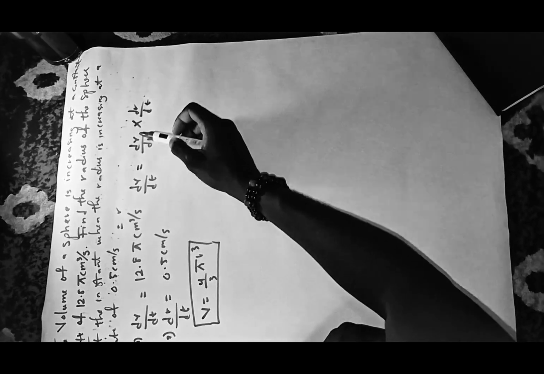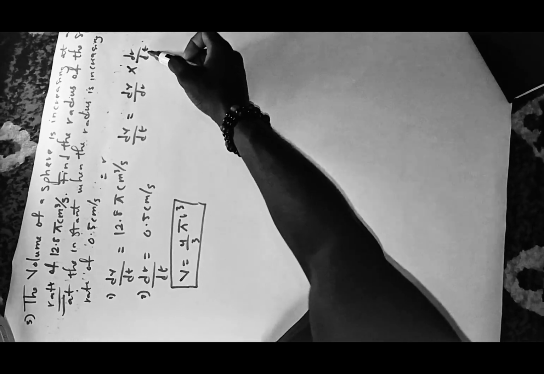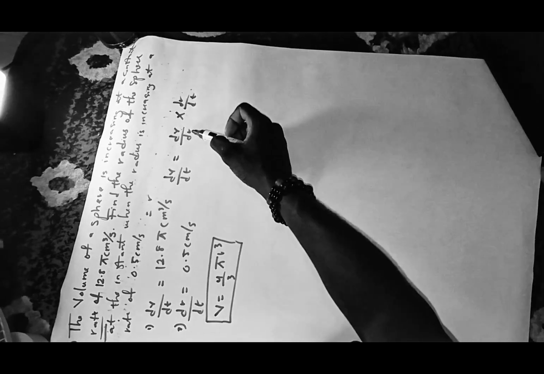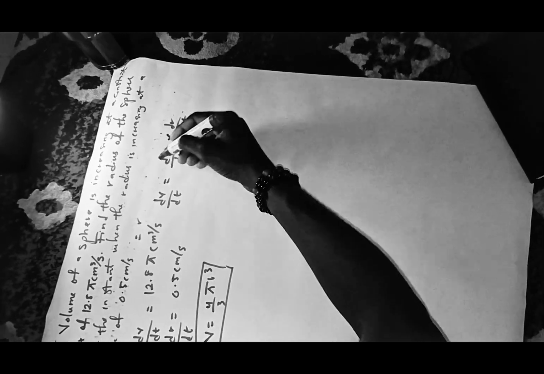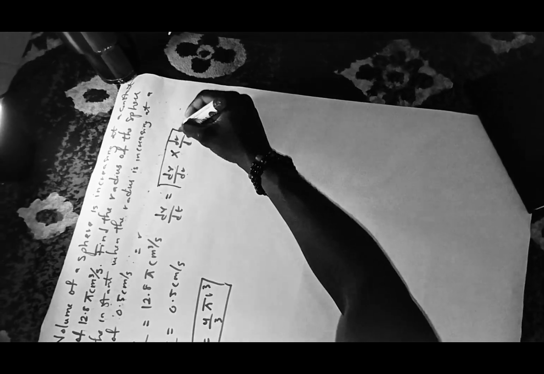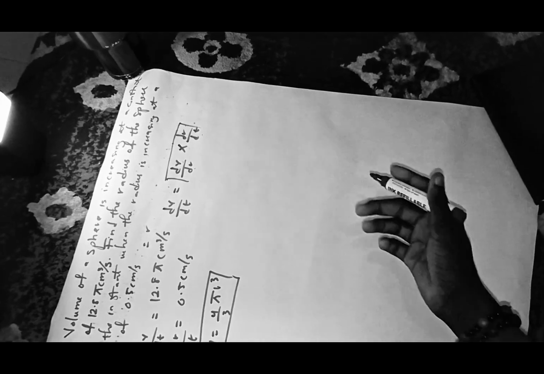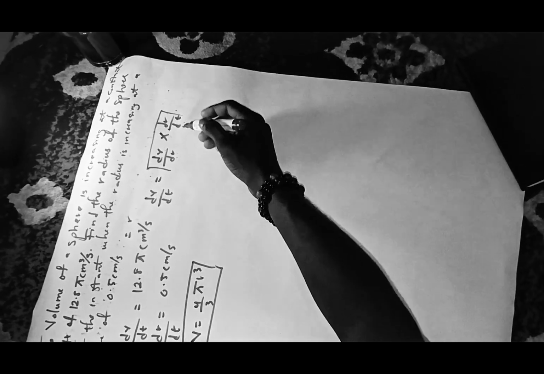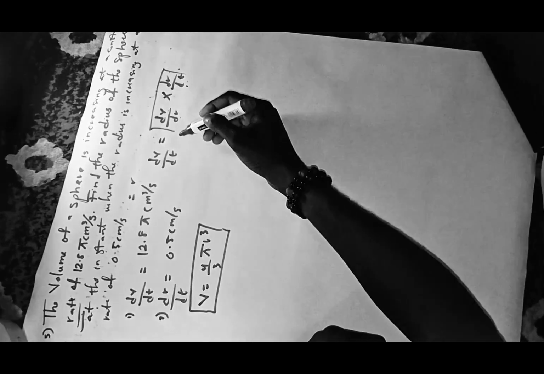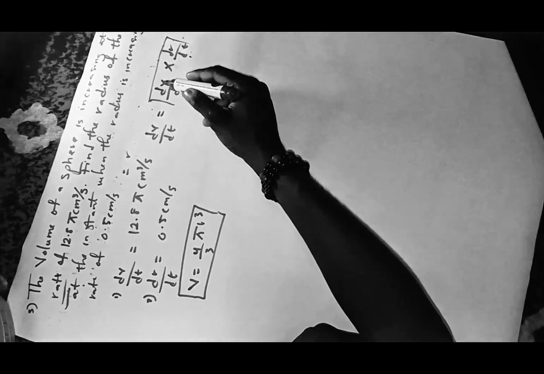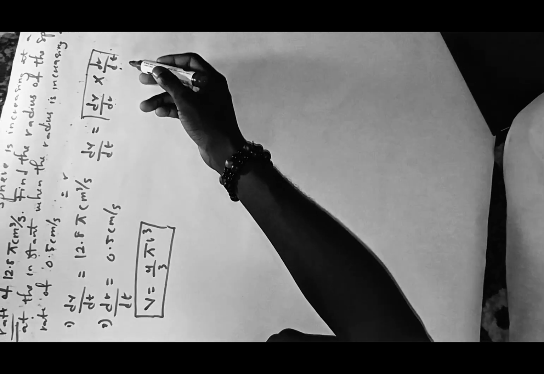It's always going to be dV/d-something times that something by dt. Your V and r can be anything, but just remember that this dt is constant. So since we established this, dV/dt is equal to dV/dr times dr/dt.